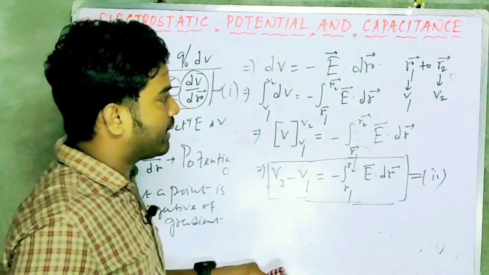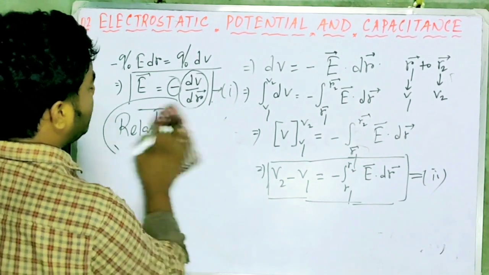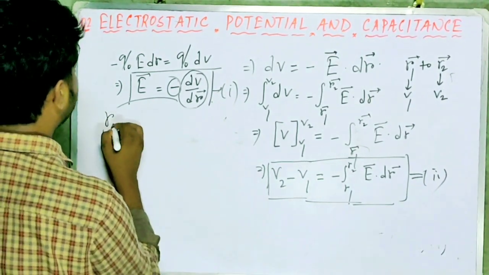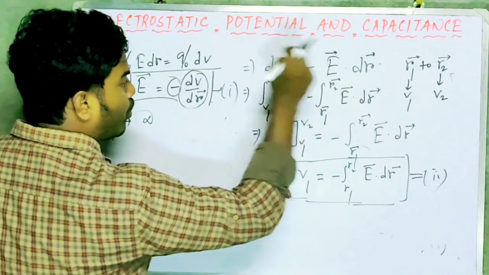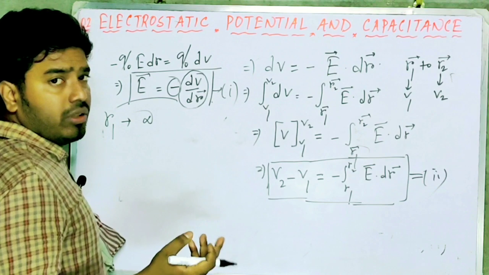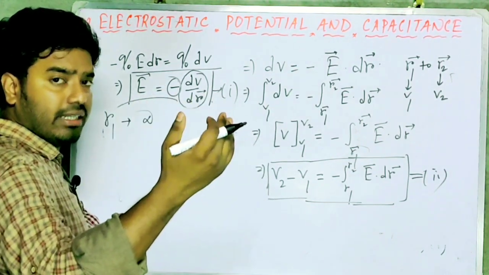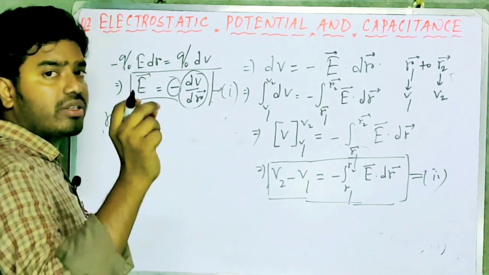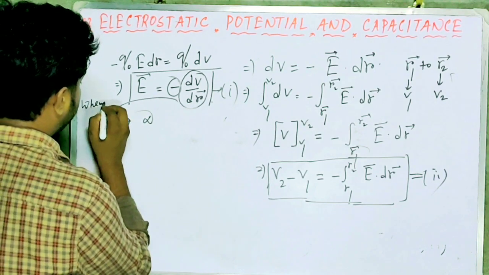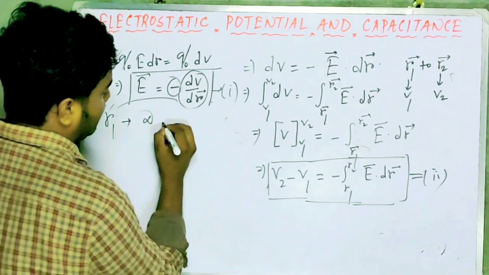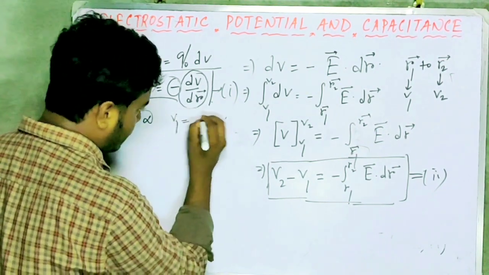Now, if we consider two positions R1 and R2, and take the position R1 at infinity, what will be the value of the corresponding potential? All of you know that the electric potential at infinite distance from a point charge is taken as 0. So when R1 tends to infinity, the corresponding potential V1 will be 0.